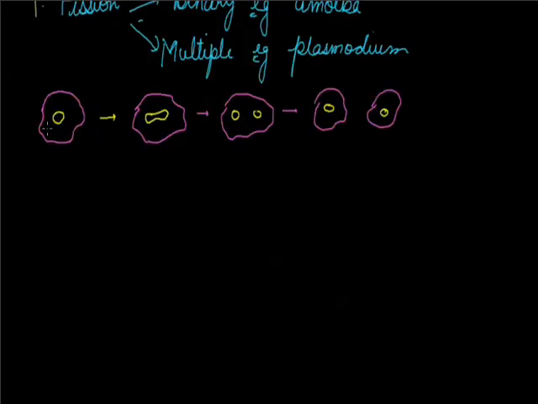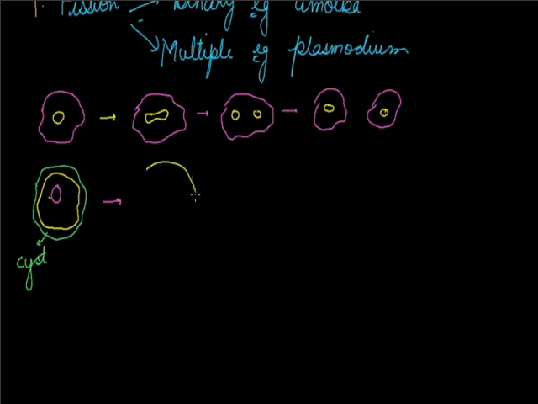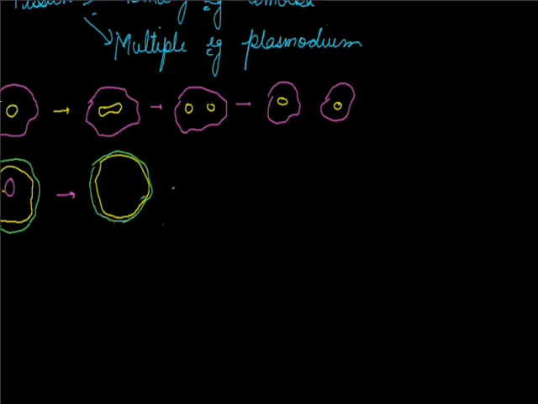Next, the second type of fission which we read about is multiple fission, which occurs in Plasmodium. In multiple fission, the cell of Plasmodium is protected inside a protective covering called a cyst. The nucleus is present inside, and here the nucleus is divided.